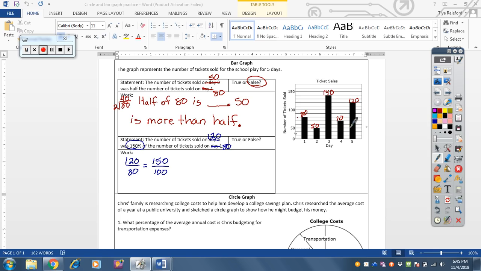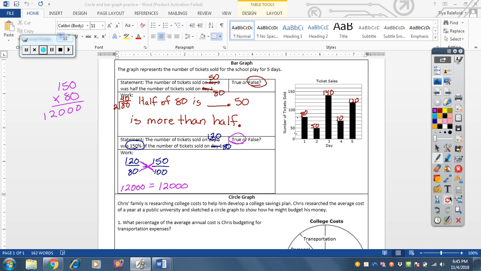Now if the cross products are equal, my answer is true. So are your cross products equal? Yeah, so it's true.